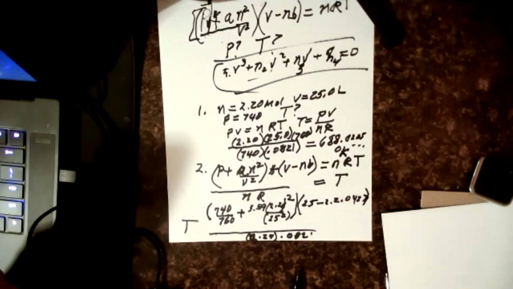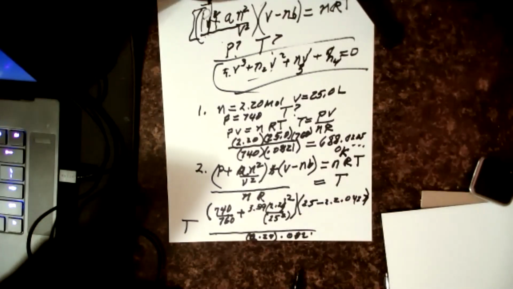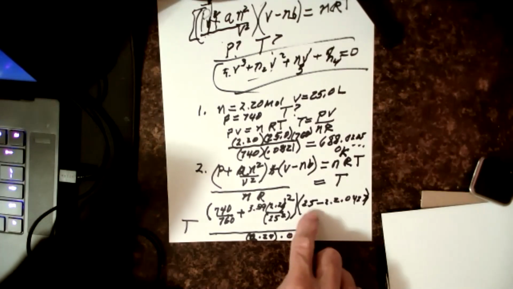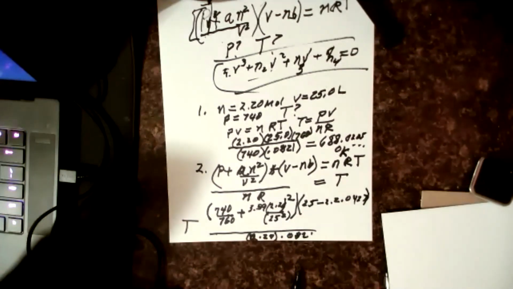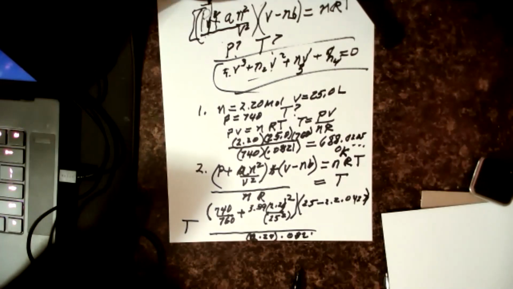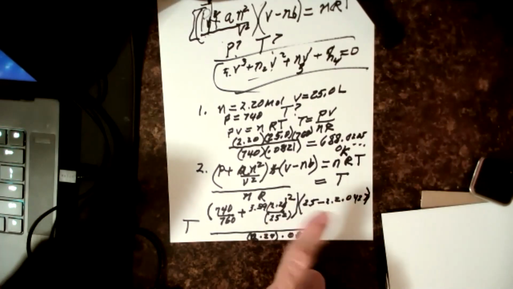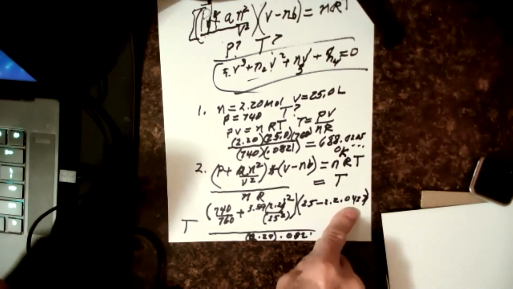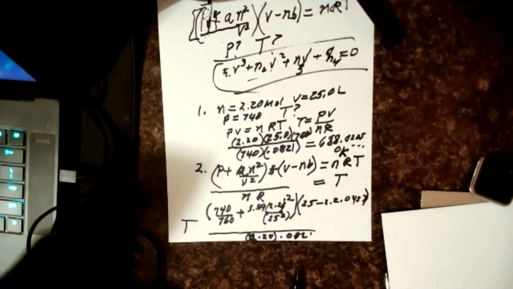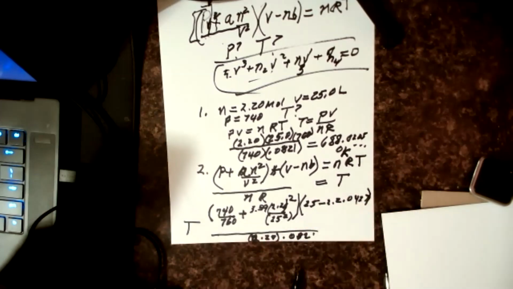Now I'm going to take this one, times another parenthesis, 25 minus second answer, that's my N, 2.2, times my B, 0.0427, and now I need a close parenthesis.